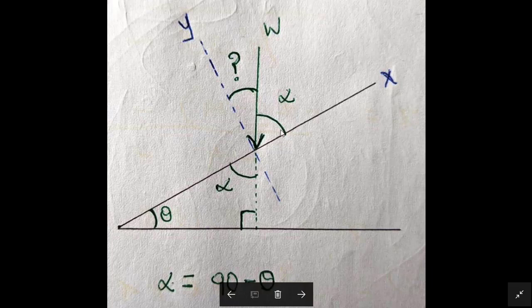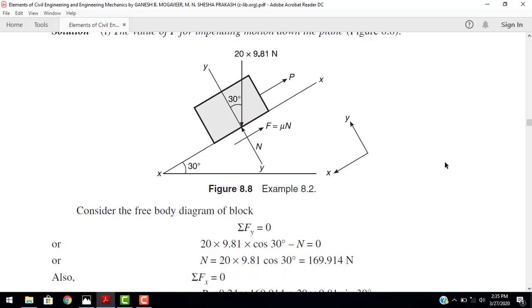This becomes my opposite angle, alpha equal to 90 minus theta. So now the value of 90 minus alpha will be equal to 30 degrees. That is how we have arrived at the angle of inclination of the self weight with respect to the vertical axis. Now we have identified which forces act in the vertical direction, which act in the horizontal direction, and which are inclined to the vertical axis.